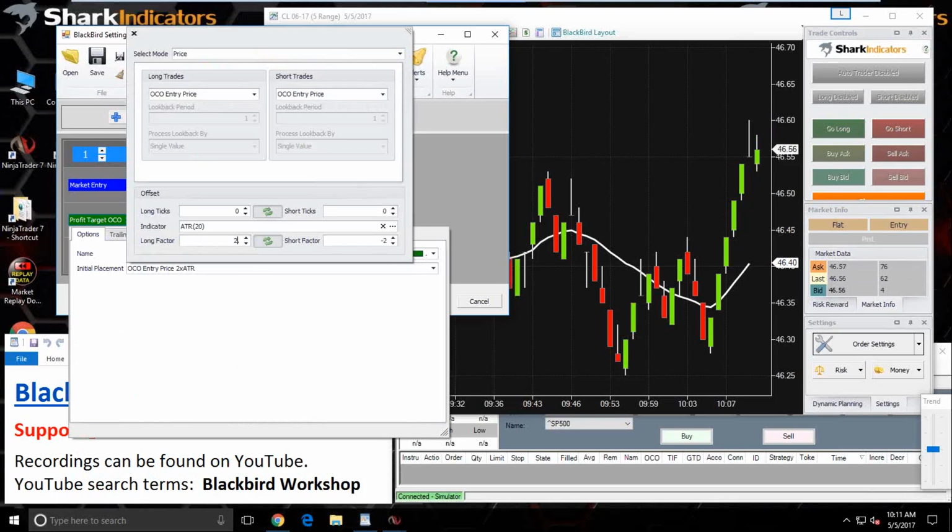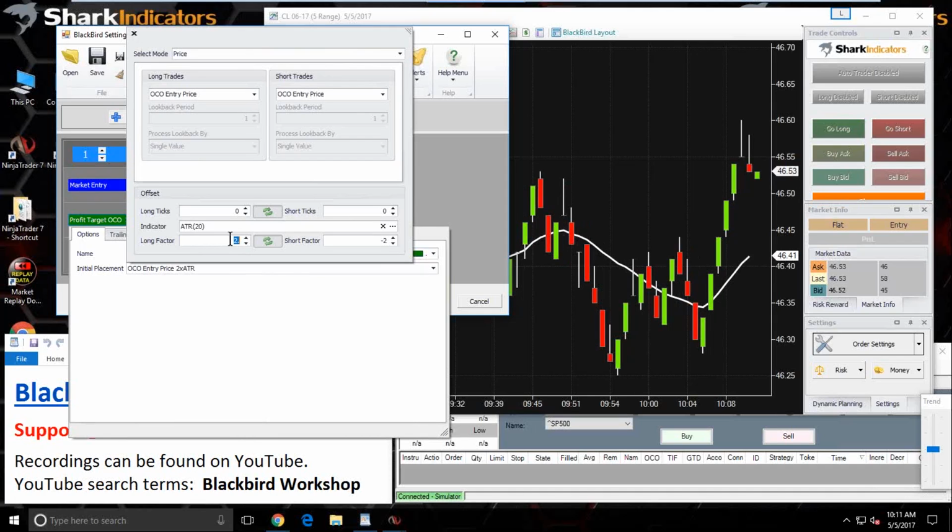Just adjust this number here to be whatever you want it to be: 3x, 4x, 2x, something like that. So this offset provides an easy way to create a multiplier offset for you.